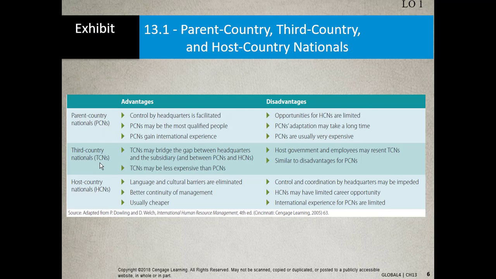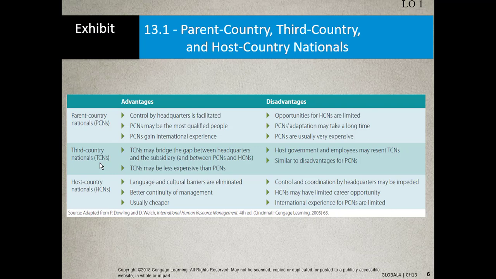So now we have the same company. We call it Taurus Gaming Industries. Let's call it this big multinational. And Ariel was the example we used for the PCN. But in this case, we're going to do something a little bit differently. We're going to say that this gaming giant is not sending an American executive to Spain, and they're not promoting a Spaniard for the position, but they have hired someone from Mumbai, India, for the job, right?